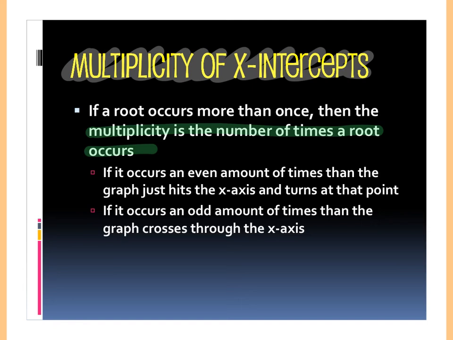If a root occurs an even amount of times, then the graph hits the x-axis and turns at that point. A lot of times we call this bounces. So it bounces off that point. If it occurs an odd amount of times, then it crosses through the x-axis.